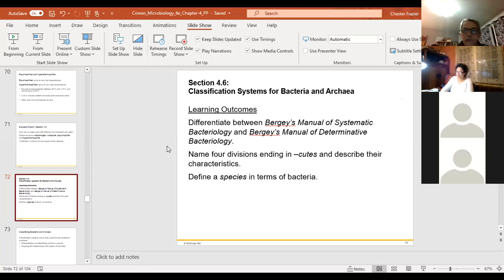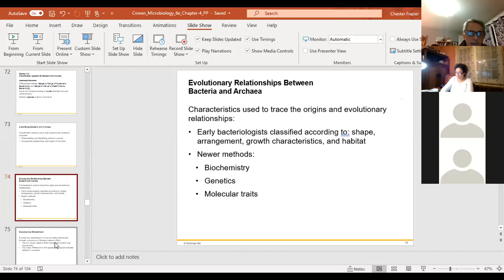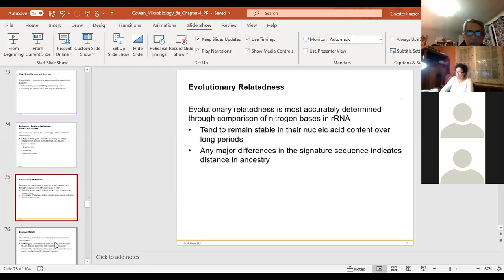I don't know if it's on the test, I'll double check. I don't think I go into the classification of the bacteria and archaea. I didn't think this was as important to cover.